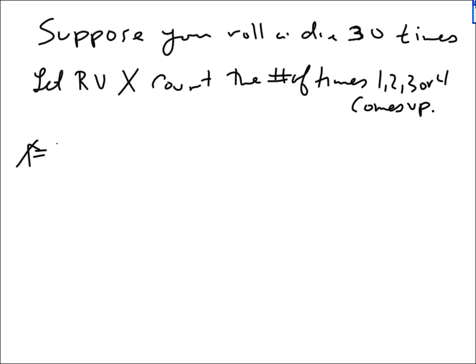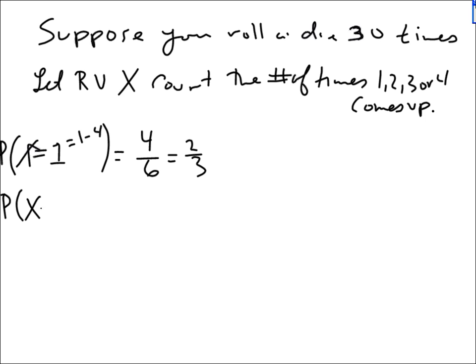So let x equal 1, which is 1 through 4, so the probability that x is equal to 1 is 4 out of 6, or 2/3. Let's call x equal to 0 if you get a 5 or a 6.